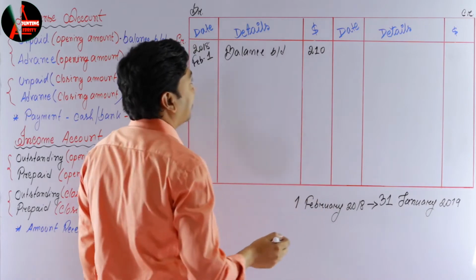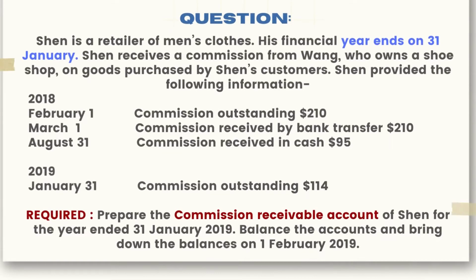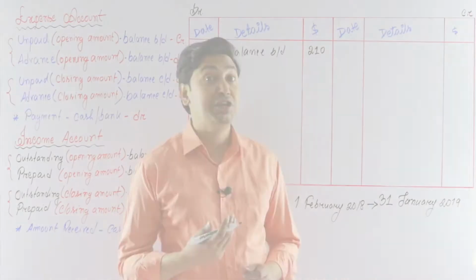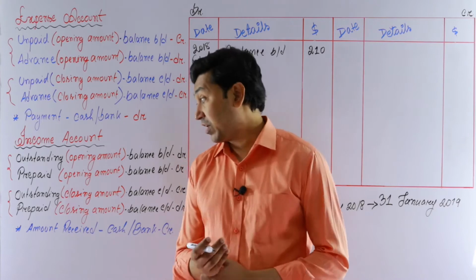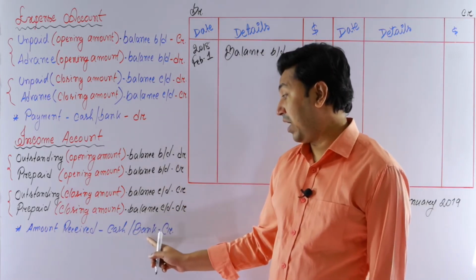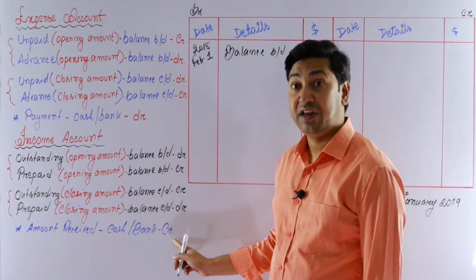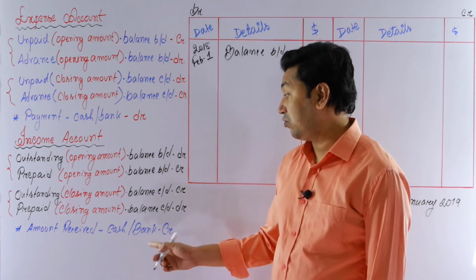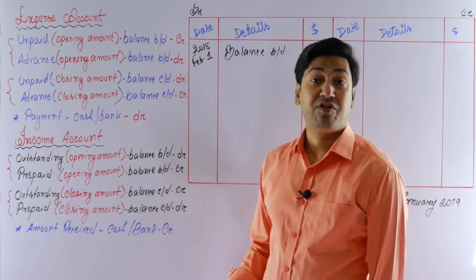Then what is our next transaction? March 1st, commission received by bank transfer. Any amount received in cash or by bank will be written on the credit side. So it is a bank transfer, and we write bank on the credit side.